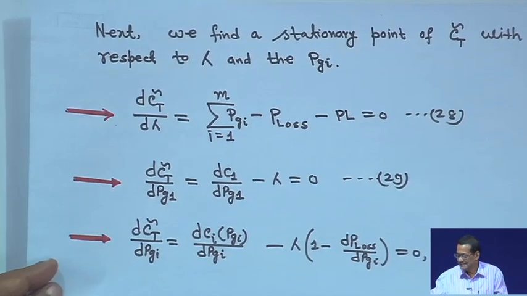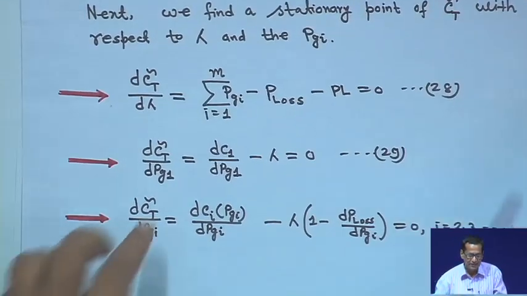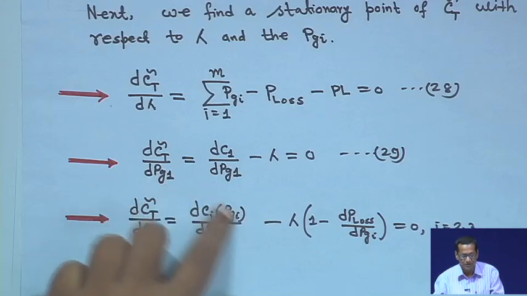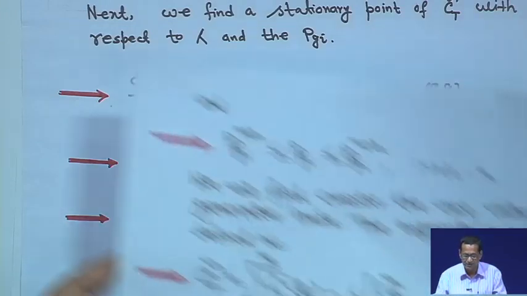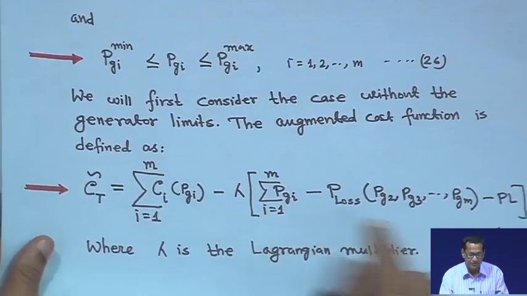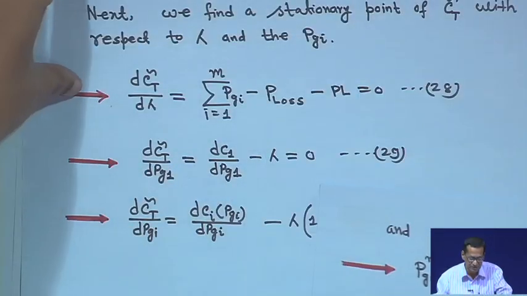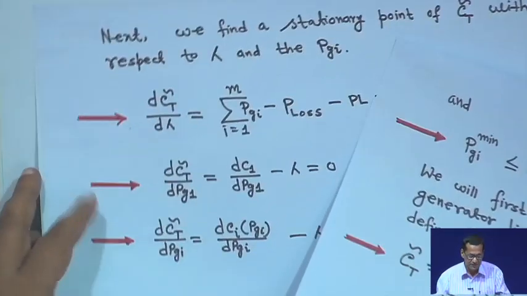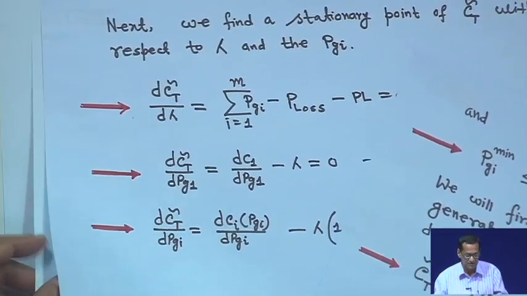Now, in this equation, again take the derivative with respect to Pg1, that is dC1 upon dPg1. I am just writing it for you so that you can understand.